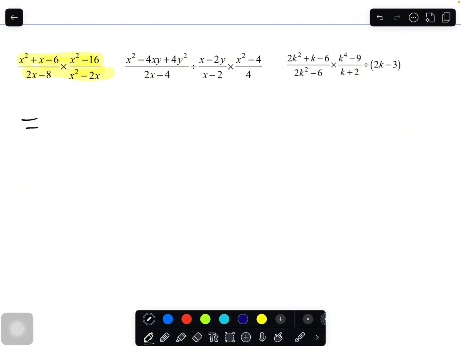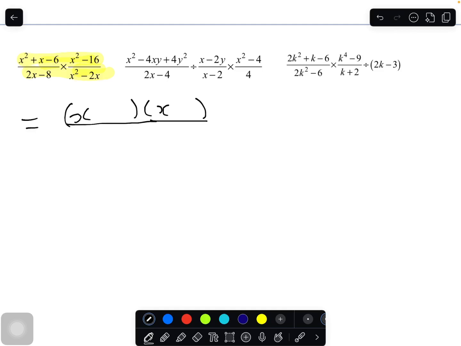So if right here I have x squared plus x minus 6, what I'm going to do is immediately factorize it. Okay, so I'll have an x here, I'd have an x here, and I close brackets.